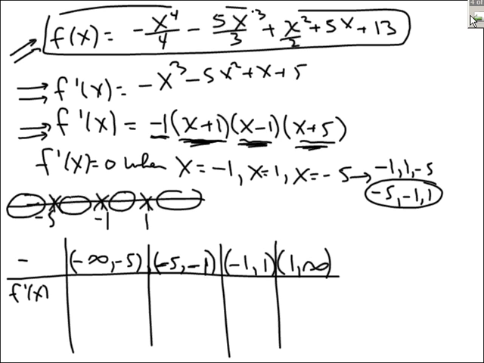Well, let's go factor by factor. The first factor, negative 1, well, that's always negative. Okay, done. The next factor, x plus 1. When is it positive? It's positive whenever x is bigger than negative 1. That's in these two intervals.